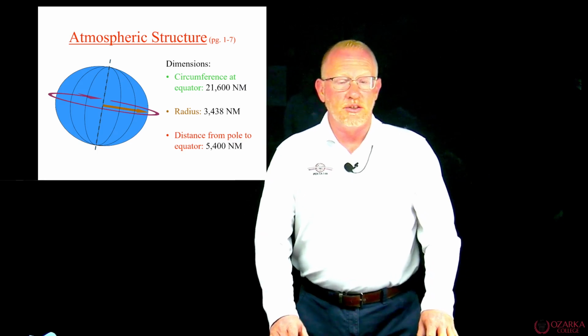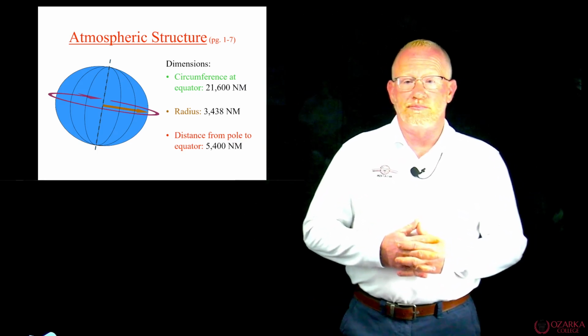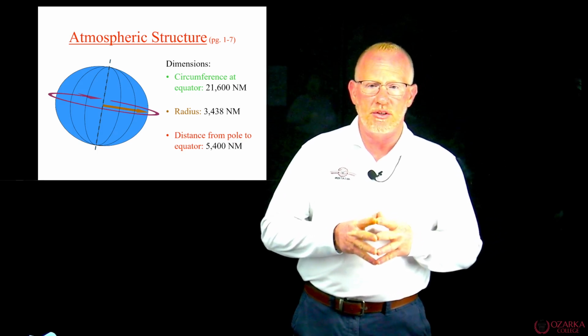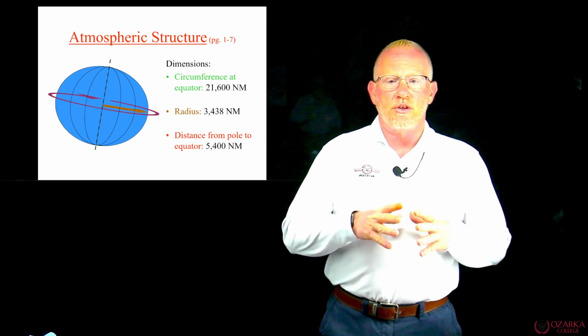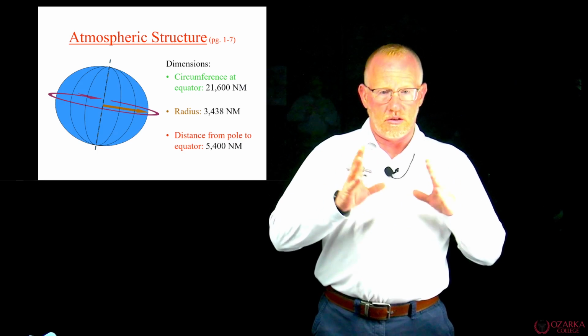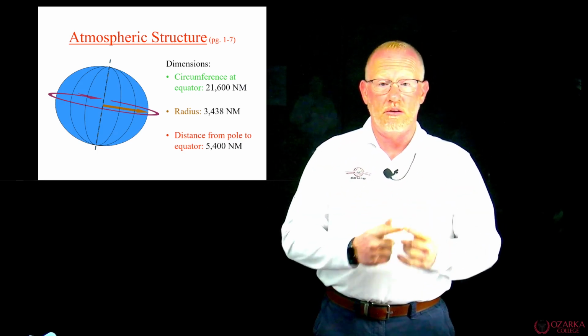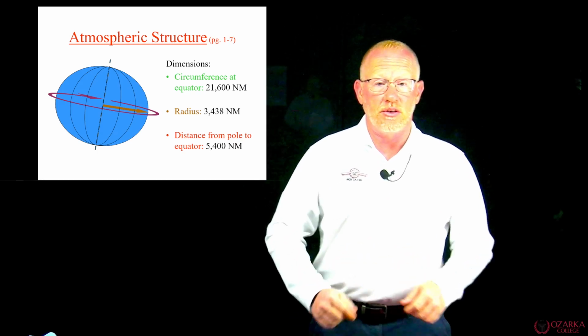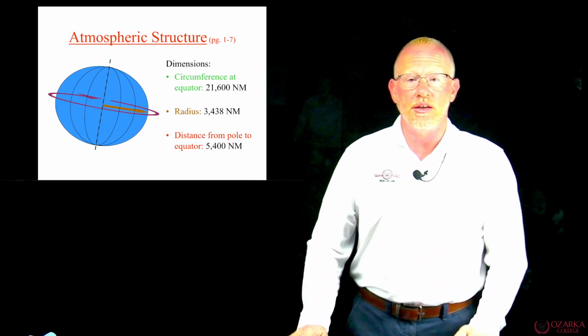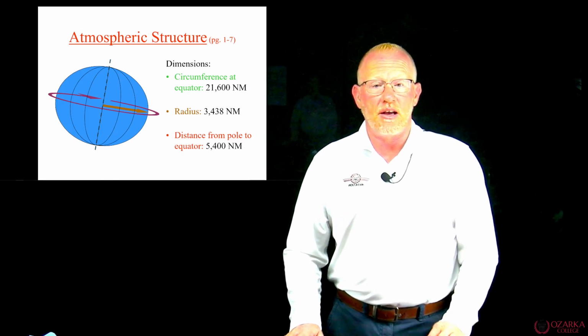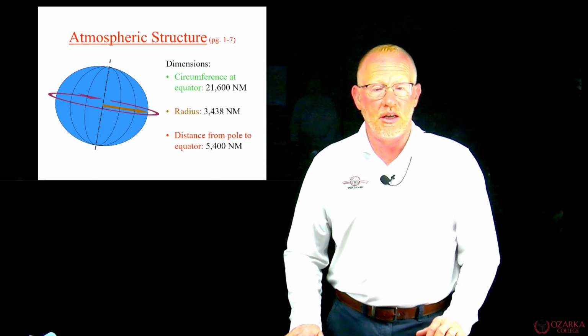All right, let's look at our atmospheric structure. So the dimensions of our atmosphere. The circumference of our planet at the equator, so all the way around the equator, is 21,600 nautical miles. Okay? Now the radius is 3,438.